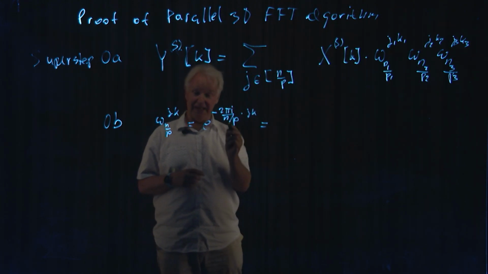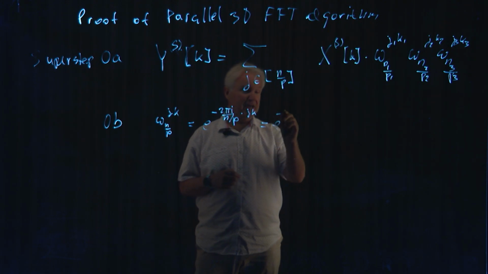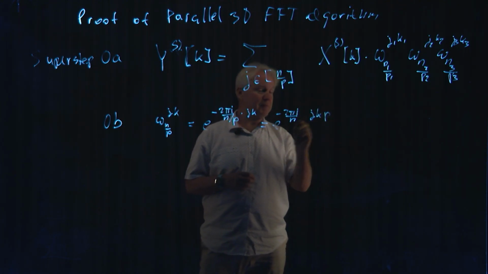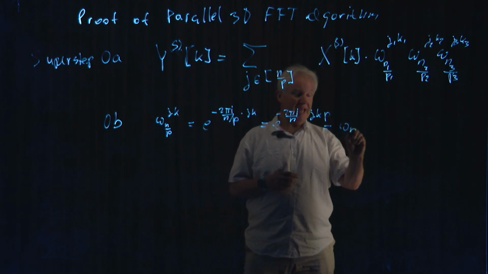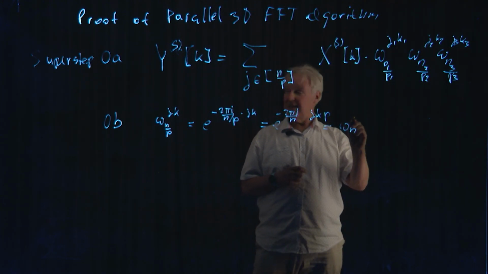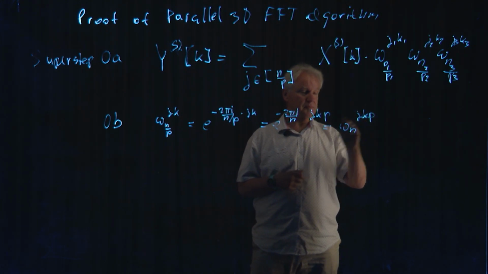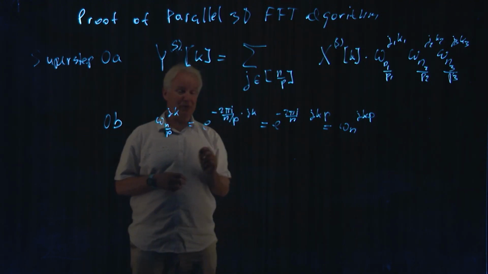And you see that we can move the p upstairs, e to the minus 2 pi i divided by n times jkp. And this is omega n to the power jkp. So that's one way of rewriting it.